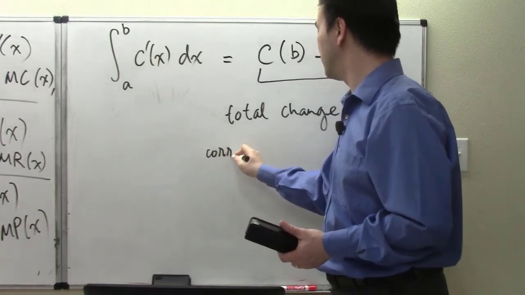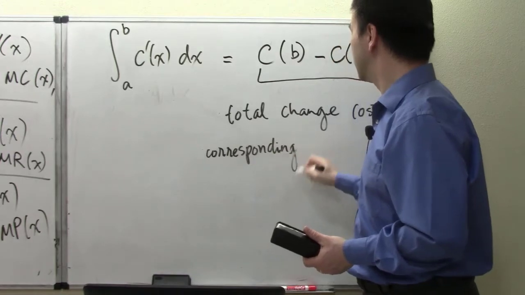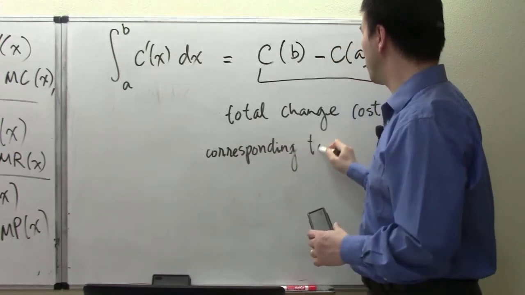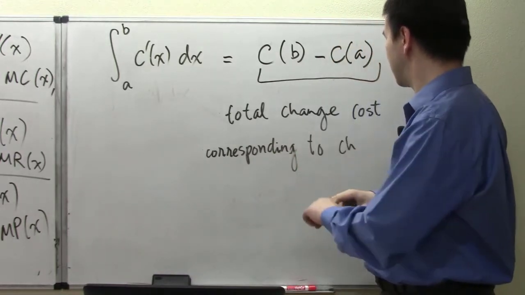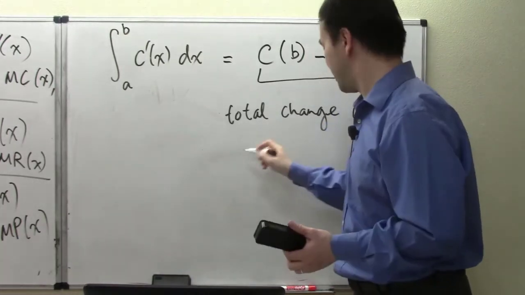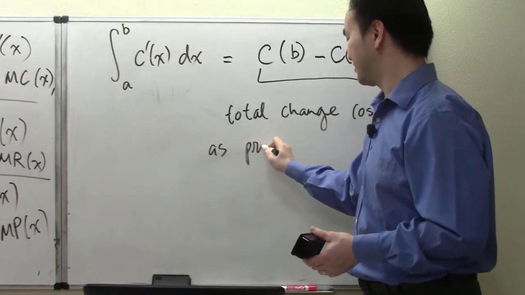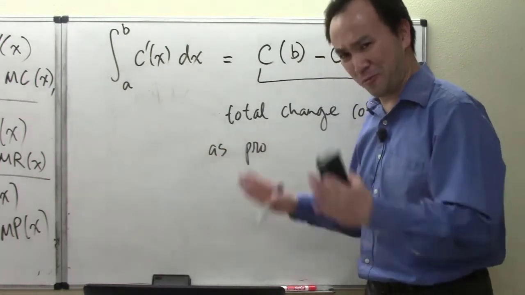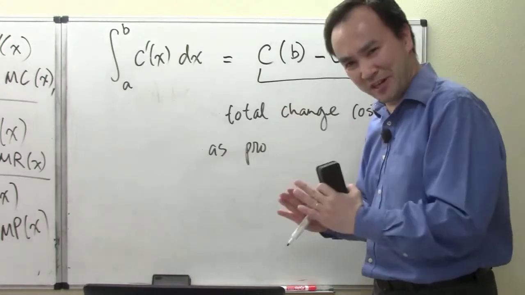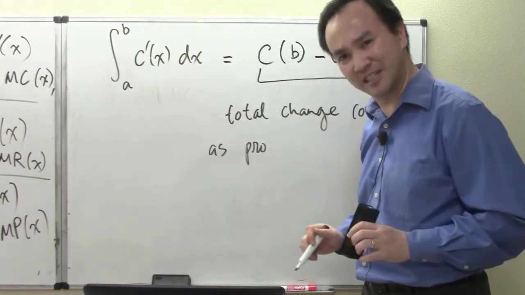Or how about, that's not a good way of writing that, the total change in cost as production changes, because I really try to make my students or viewers put themselves in the actual business context like that.